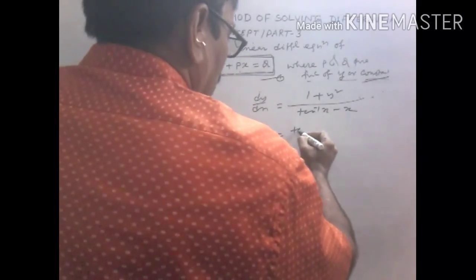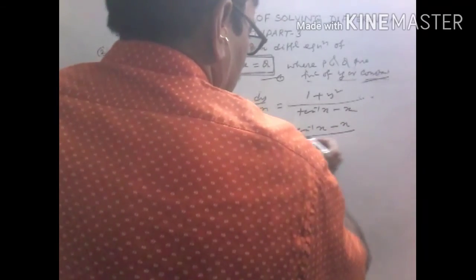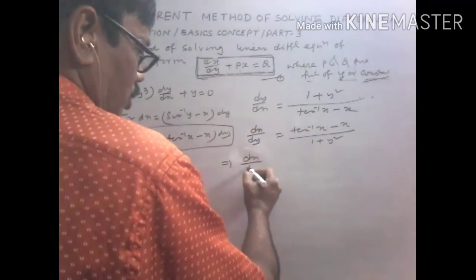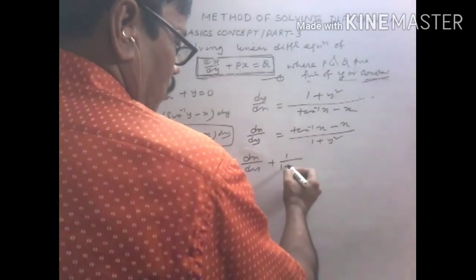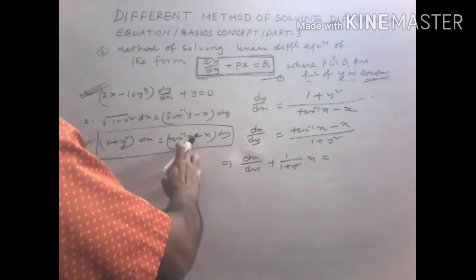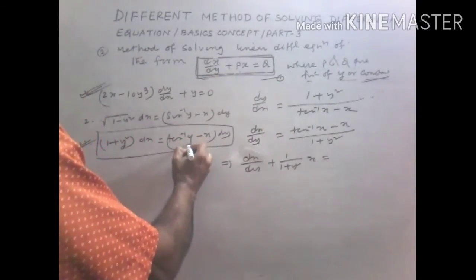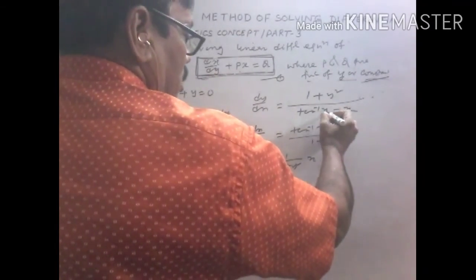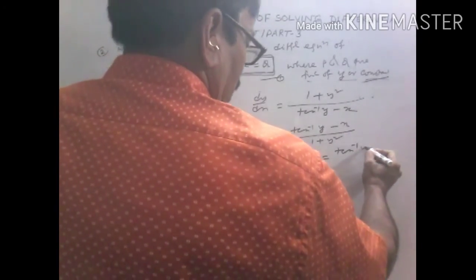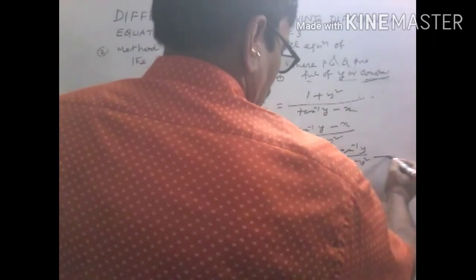So that is why it is tan inverse x minus x by 1 plus y square. Then dx/dy plus 1 by 1 plus y square into x. I think this one is wrong. This is tan inverse y. So you correct it. This is tan inverse y. Sorry, this is tan inverse y.